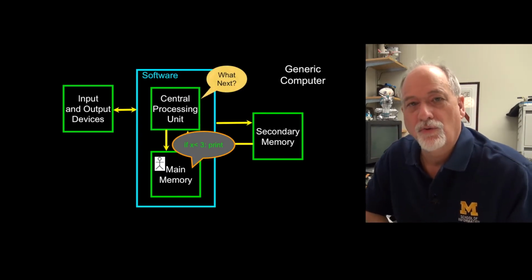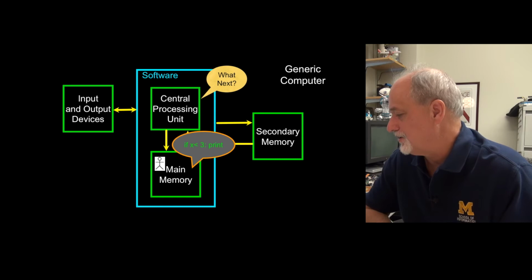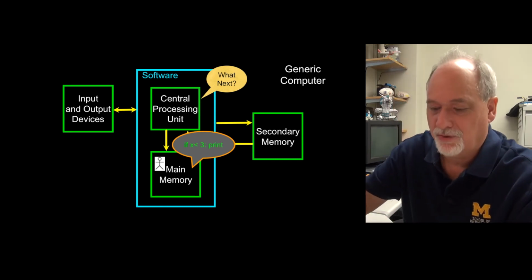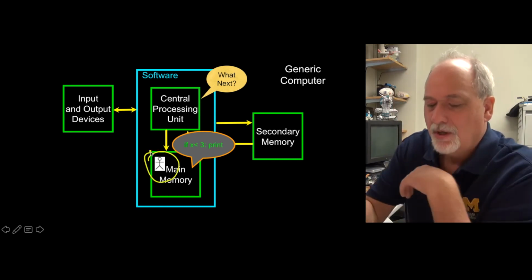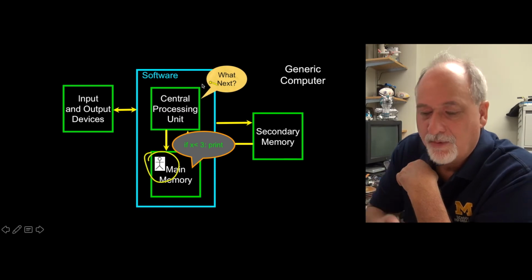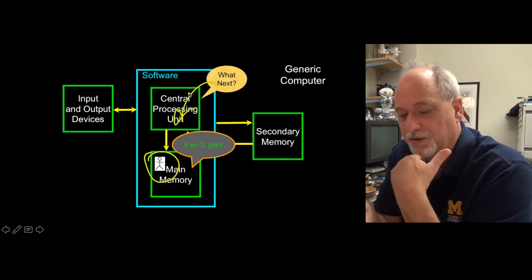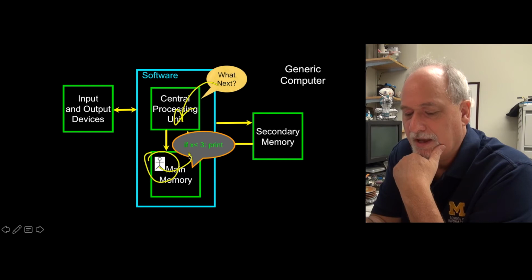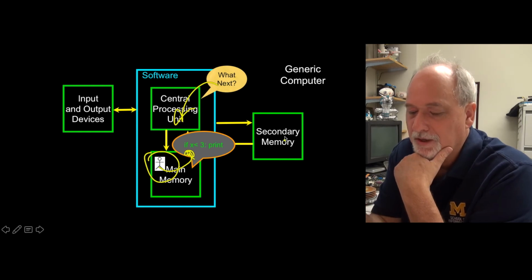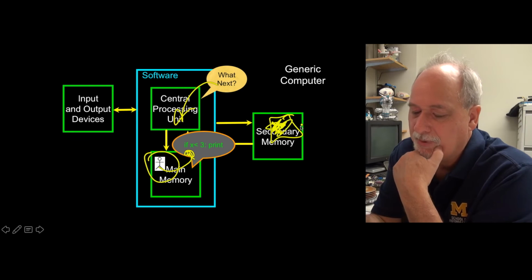And where your place is in here is you live in the main memory. This is you. You are here. And so, in a sense, when the CPU asks the question, what next, it is your job to answer that. And you answer that by writing Python code. You'll write a file in Python code, and then that Python code gets loaded into main memory.